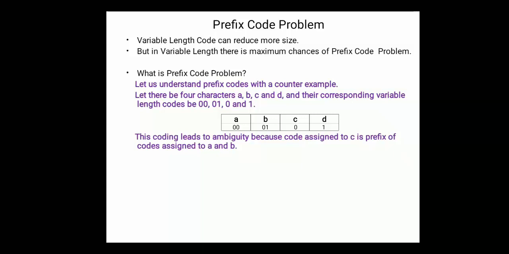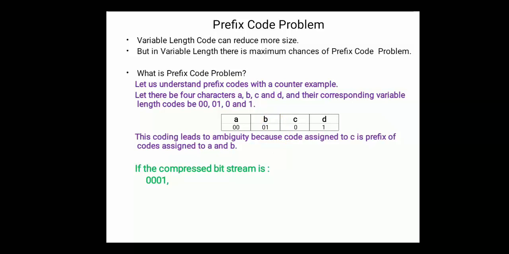Again, what exactly is the prefix code problem? The prefix code problem states that the code assigned to one character must not be a prefix of the code assigned to another character. In our case, C is represented by 0, and 0 is a prefix of 00 and of 01. How does it create ambiguity?